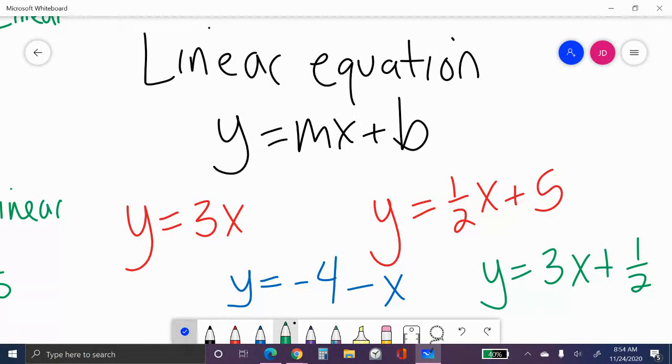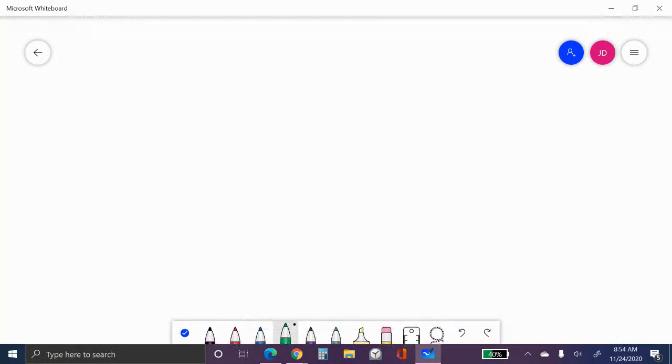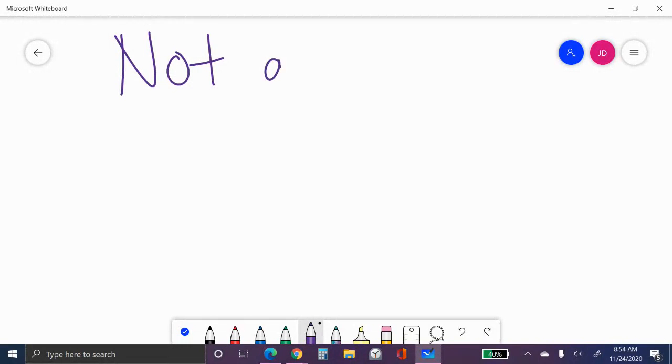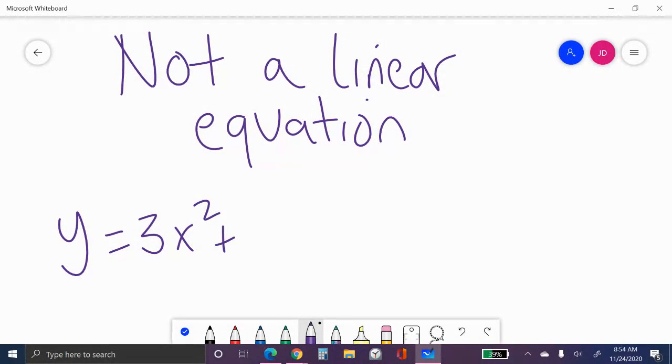Now let's look at a couple examples of what is not a linear equation. Definitely when you see an exponent. If you see something like 3x squared plus 2, when you see the exponent with the x value, that is not considered a linear equation.